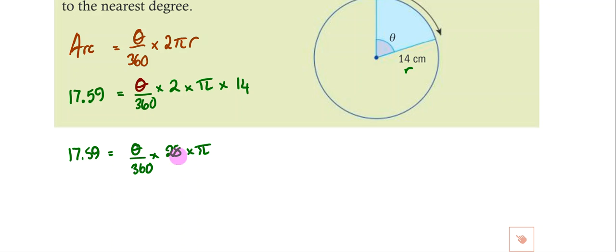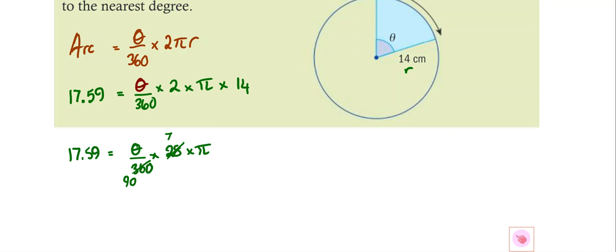Could we simplify the 28 divided by 360 first? Don't have to, I'm just practicing things. Can we do that? Common factor of 4. So we've got 7 and 90.